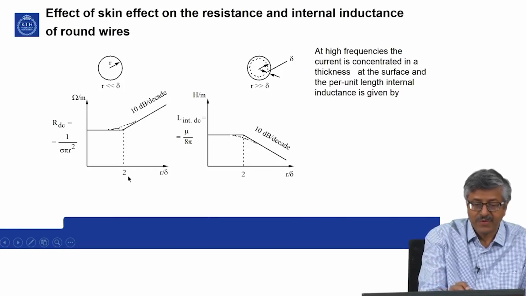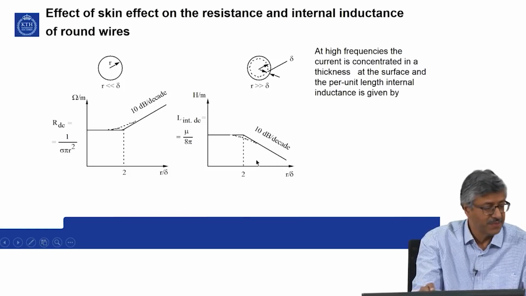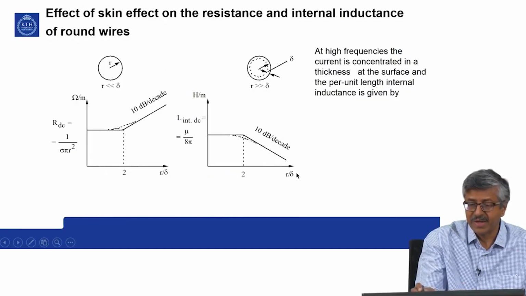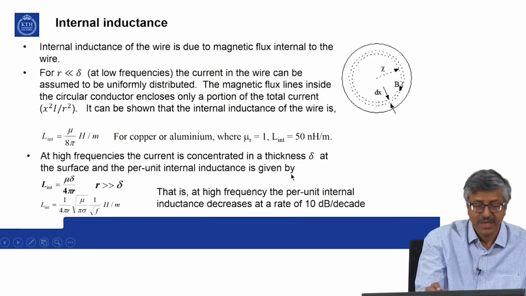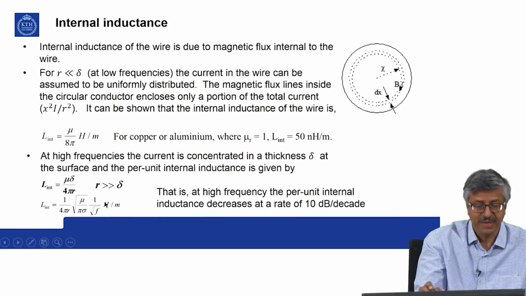This is written in terms of r by delta, the ratio r by delta. Then the inductance is a 10 dB per decade decrease, that expression we have seen before, and you take r by delta and plot it across. So, this is high frequency, f is coming here.